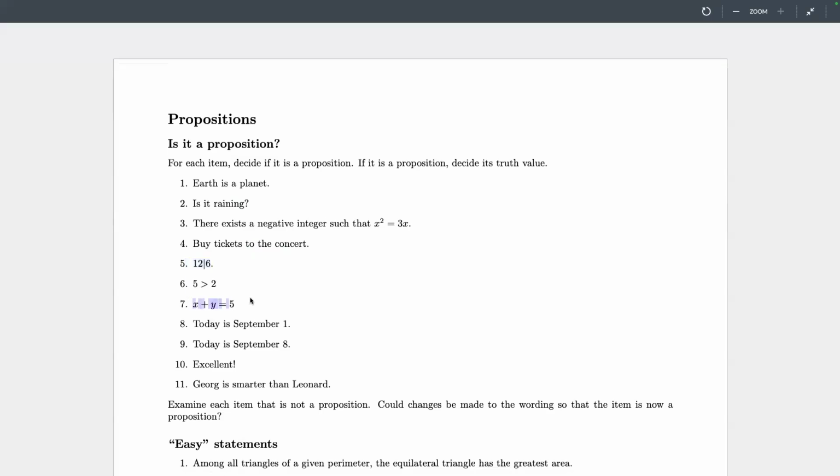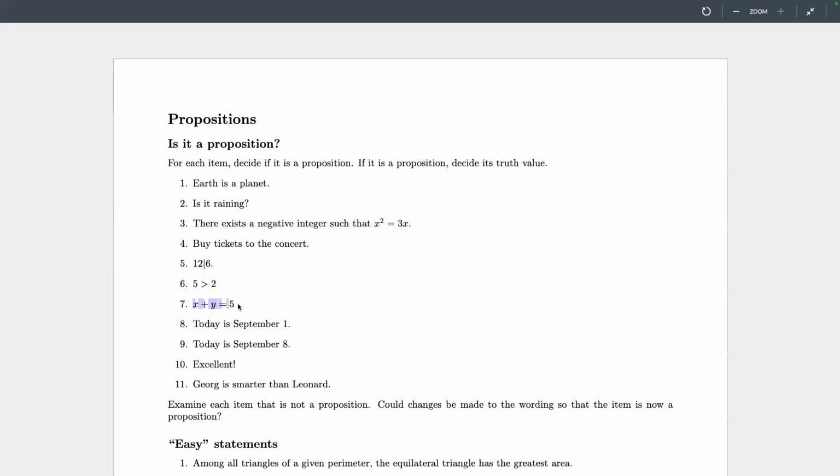What about 7? Is it a proposition? No. Yeah, why not? Yeah, it's ambiguous. Why is it ambiguous? Right. Yeah, and so we have no idea what x or y is.